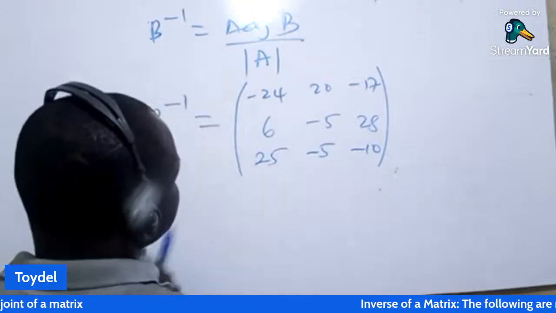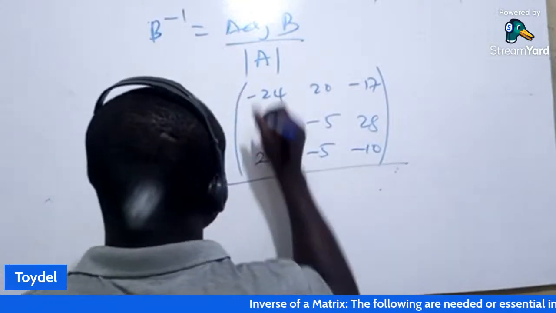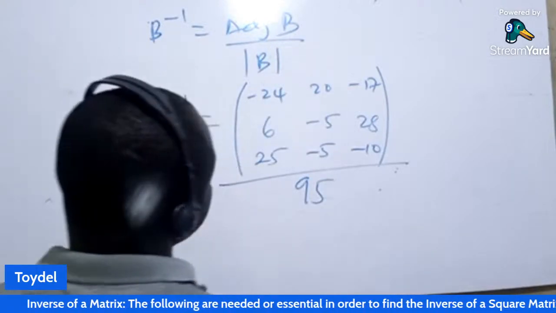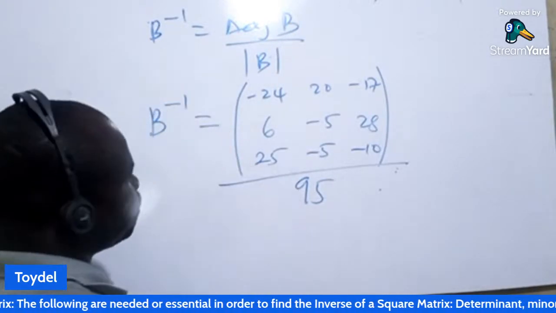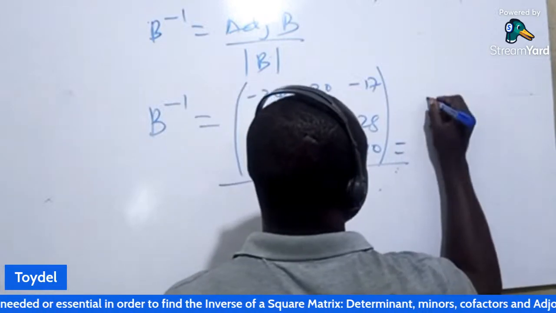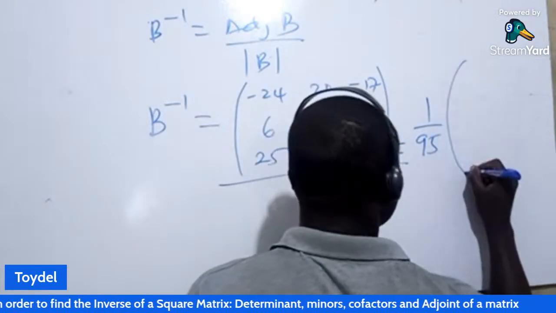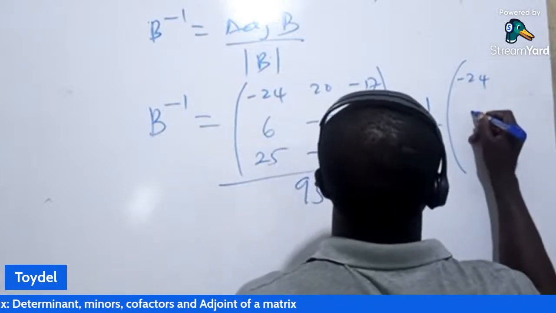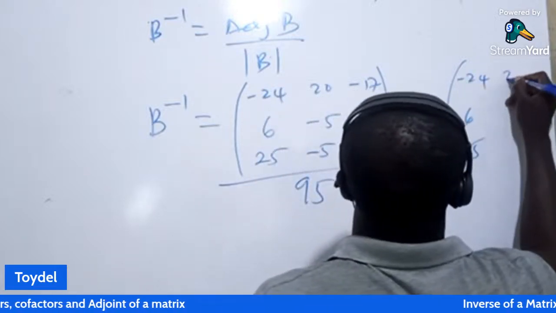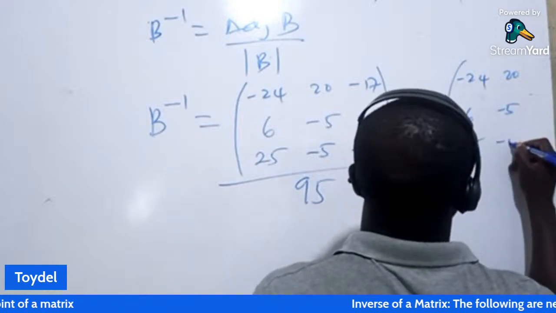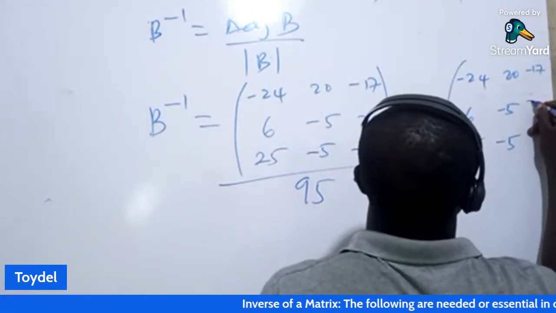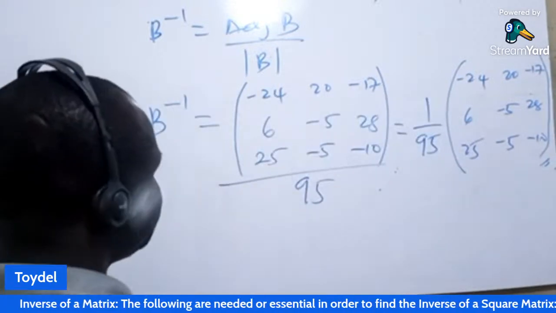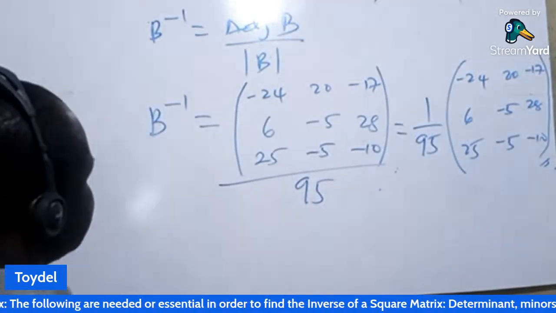The inverse of B is this divided by the determinant of B, which is 95. We can rewrite it as 1 over 95 times minus 24, 6, 25, 20, minus 5, minus 5, minus 17, 28, minus 10. So this is the inverse of B.